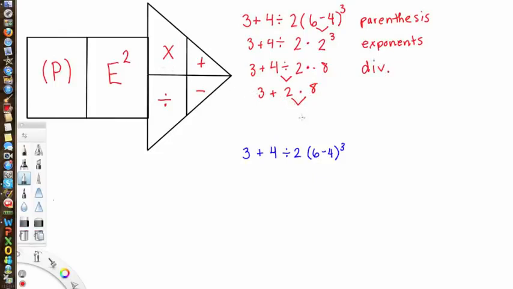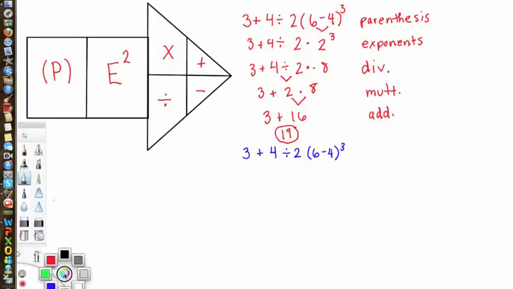Multiplication comes before addition. 2 times 8 is 16. So there's our multiplication. And finally we have 3 plus 16. We need to do our addition next. 3 plus 16 is 19, and that is our correct answer.